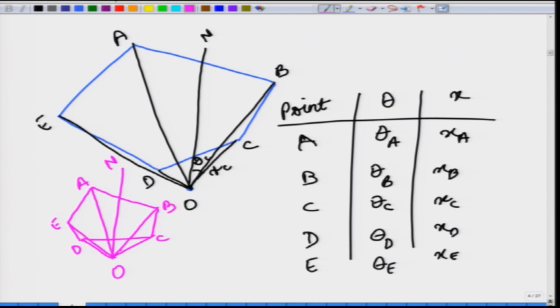So, in the case of a compass survey, we are not only taking the linear measurements using a tape or a chain or say a range finder, but we are also taking the angular measurements.